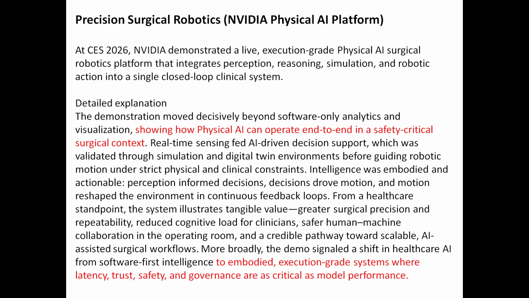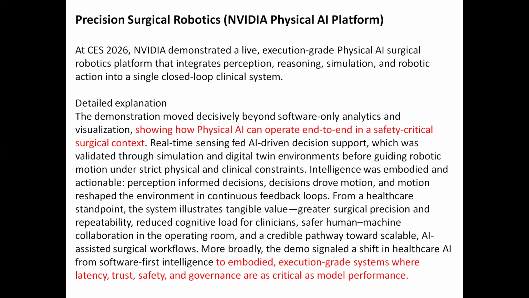I think surgical robotics, the surgical supporting devices, are well known, and they are starting to implement this physical AI concept. This is also a highly risky and heavily regulated area, so it is kind of the high end of physical AI application in healthcare.